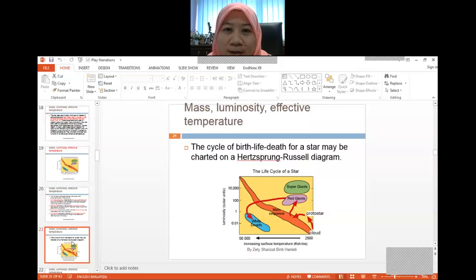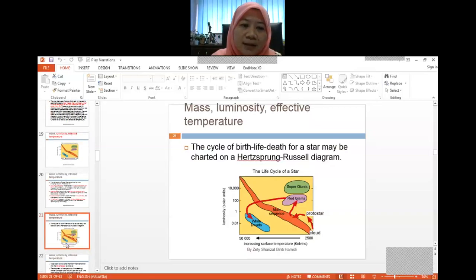Before that, you have the clouds, the big clouds, before they move up to protostars. In the HR diagram, we have luminosity versus temperature, and also luminosity versus spectral class. We can have O, B, A, F, G, K, and M, which represent the spectral classes of the stars.